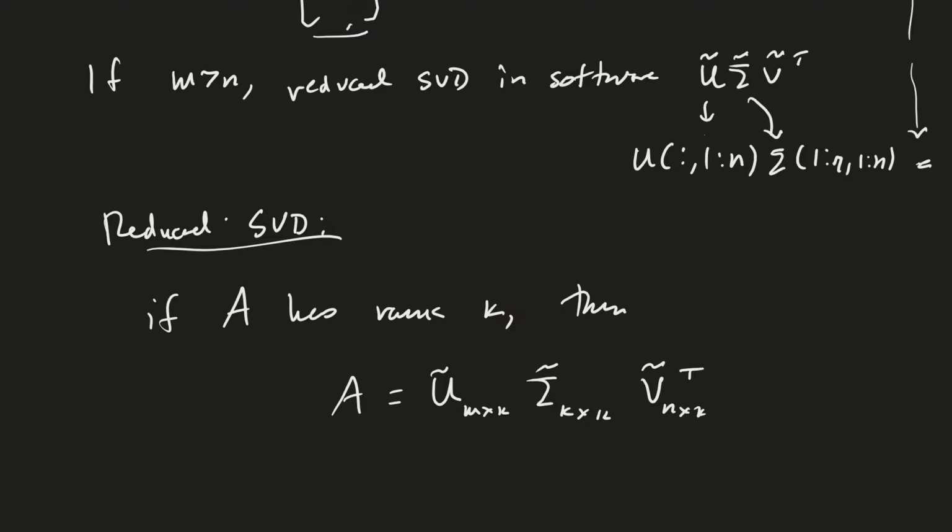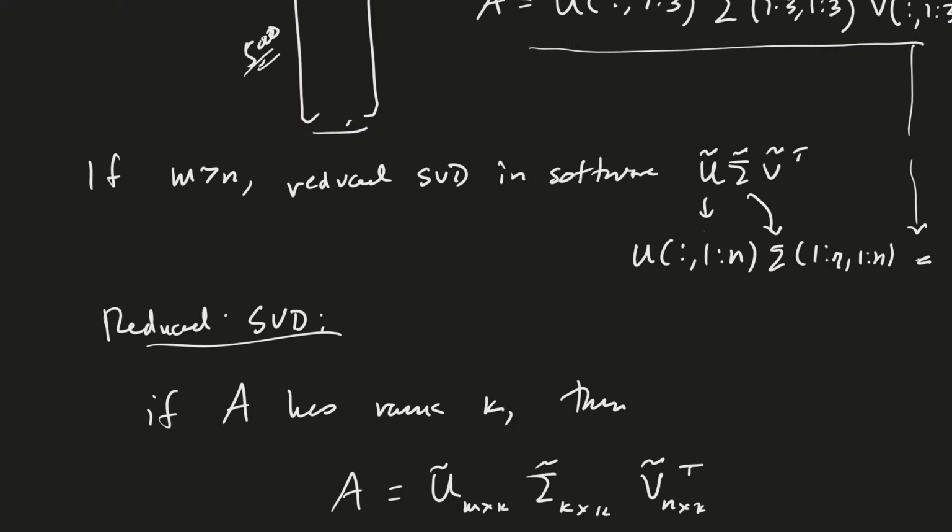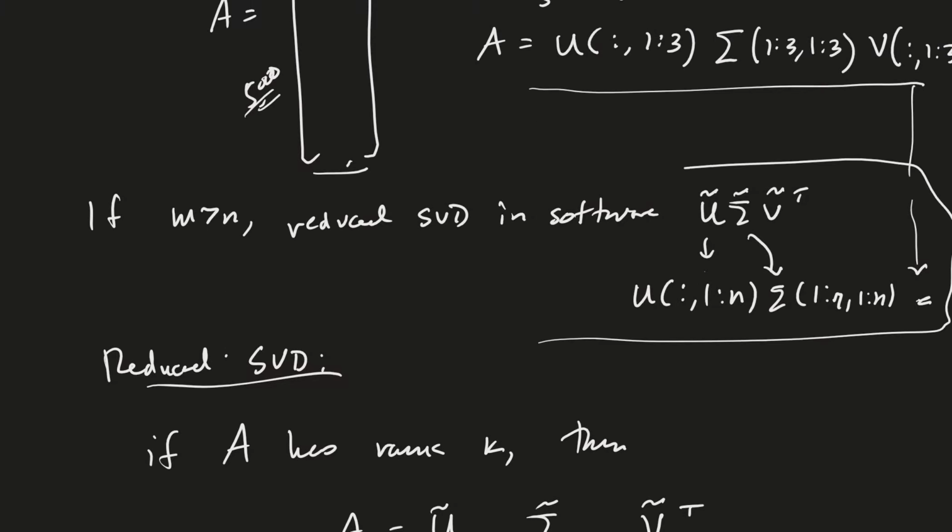Okay, now I should say that some books will call this reduced SVD up here the thin SVD. That's the Golub and Van Loan version. They wrote basically the Bible of numerical linear algebra. So if you ever have a question about numerical linear algebra, look up their book, Matrix Computations. It's a classic. They call this the thin SVD.